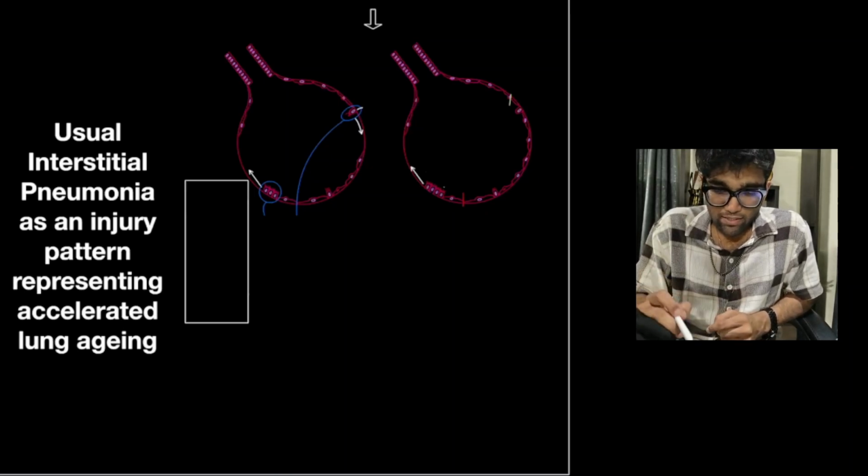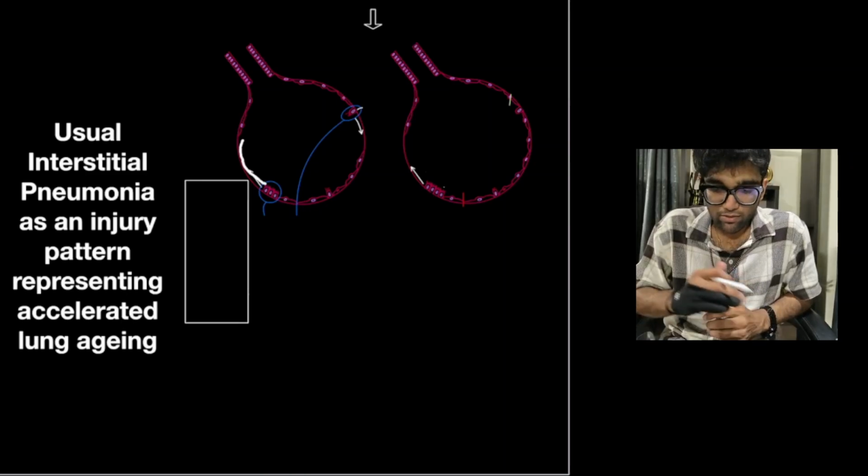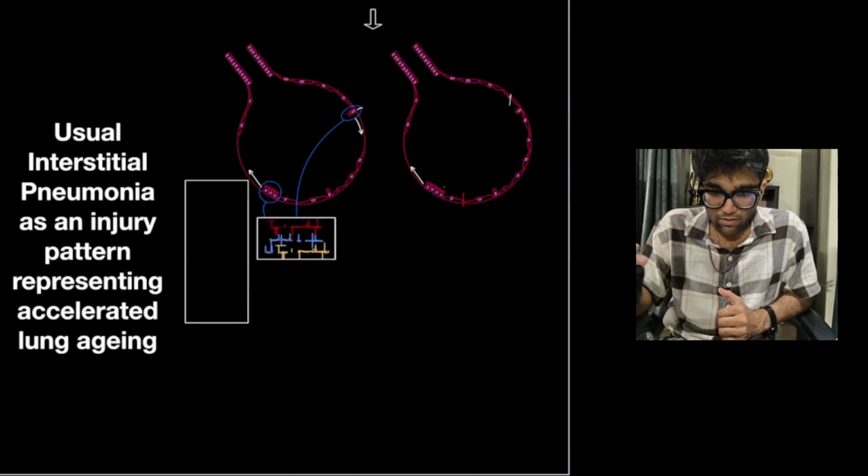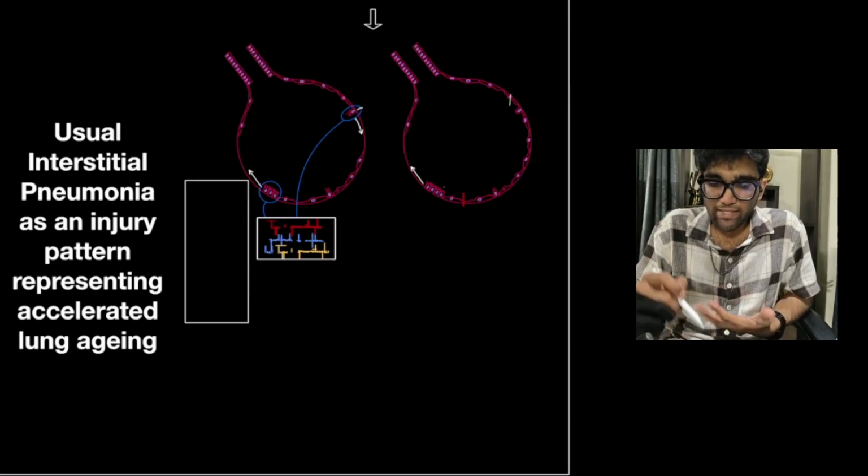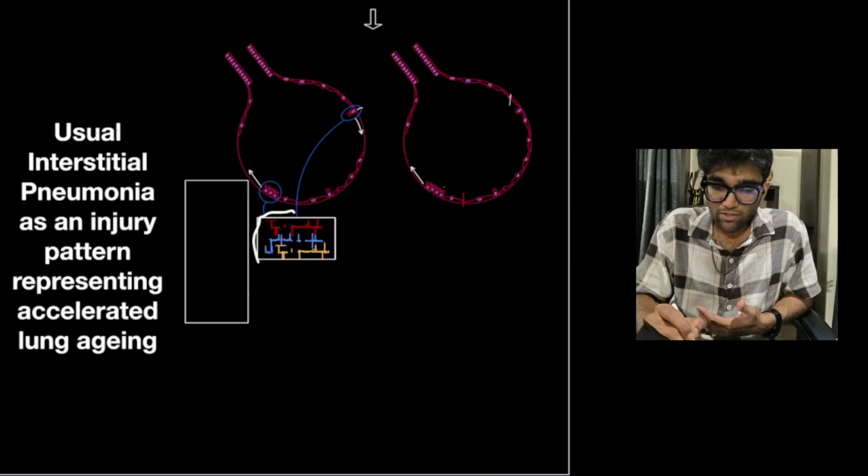What has happened is that because of that inhaled toxin, some of the pneumocytes that were lining the epithelium of the alveolus here have died, and the type 2 pneumocyte that I had shown earlier is now proliferating in order to occupy that space. Okay, now the type 2 pneumocyte proliferates to replace type 1 pneumocytes. That is what is written here.